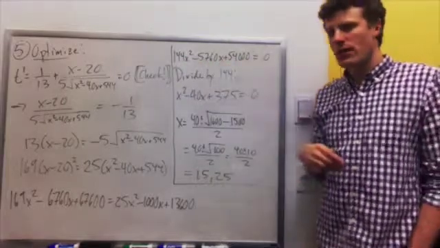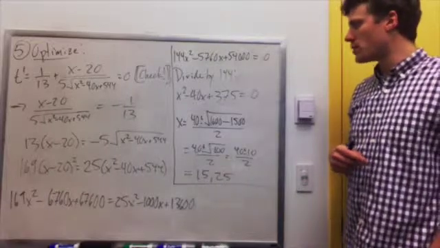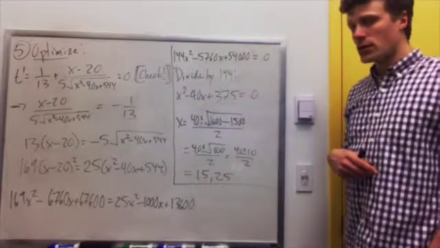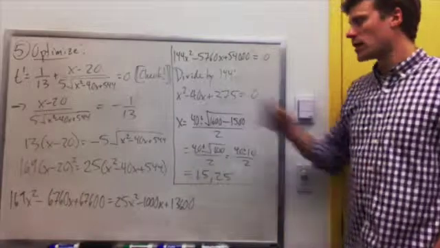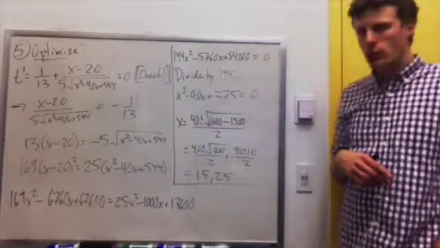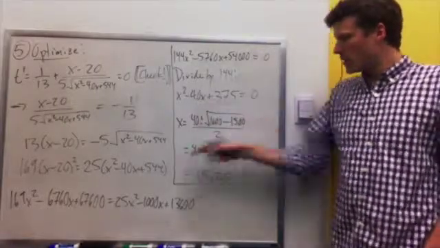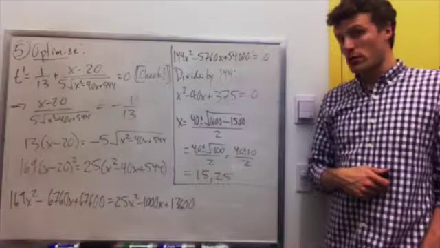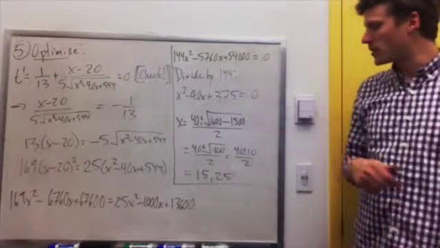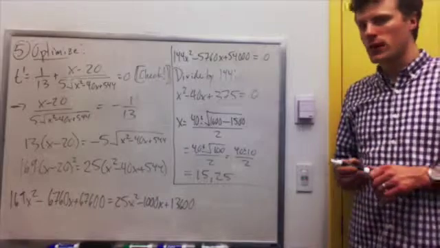So when I do that, I get x squared minus 40x plus 375 equal to 0. So I plug this into the quadratic formula. I get 40 plus or minus the square root of 1600 minus 1500 over 2. That's b squared minus 4ac. That gives me 40 plus or minus the square root of 100 over 2, which is 40 plus or minus 10 over 2, which gives me the values of 15 and 25.